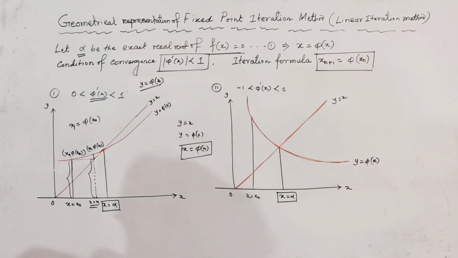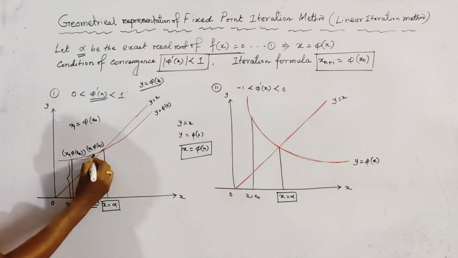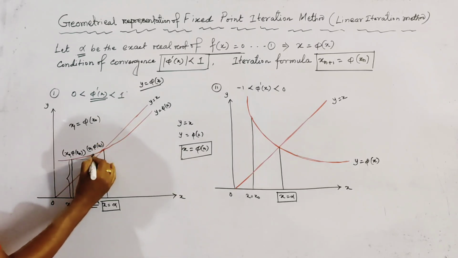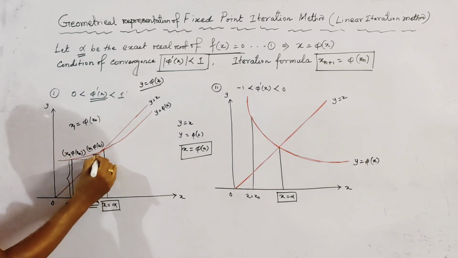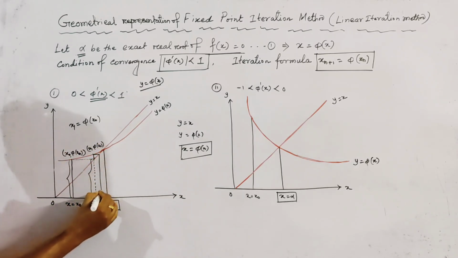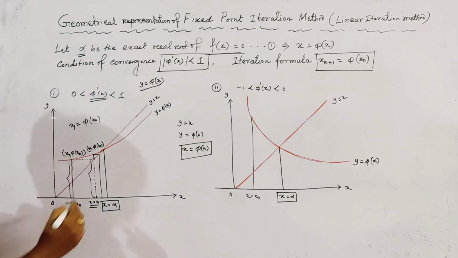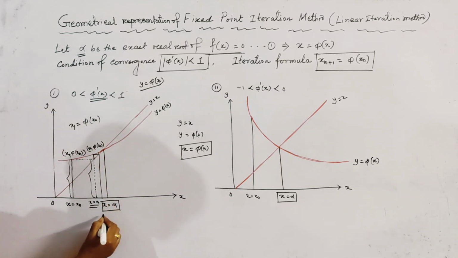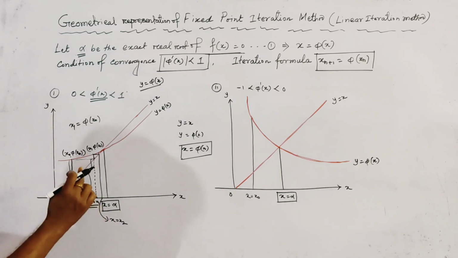Now we similarly draw a perpendicular line on the straight line y = x, and also draw a perpendicular on the positive x-axis. Then we get this point as x = x2.